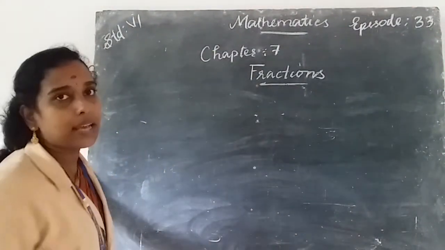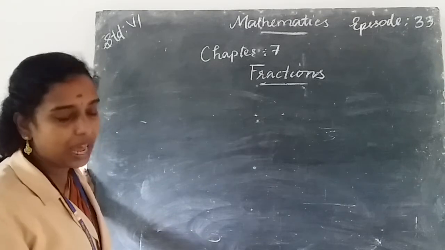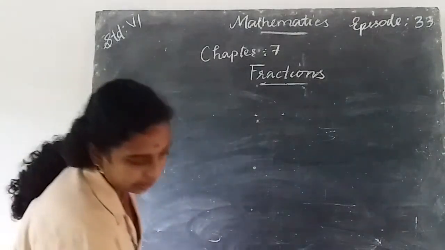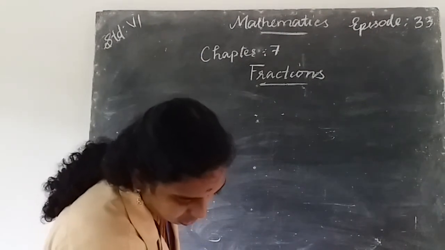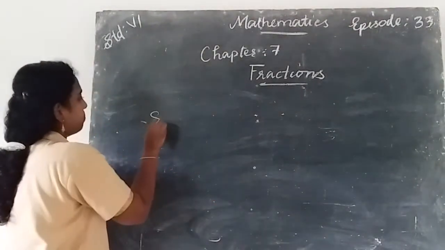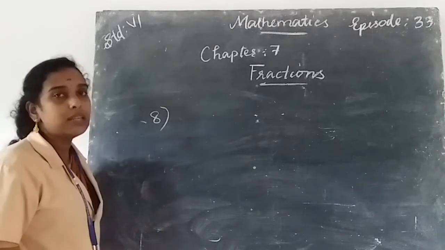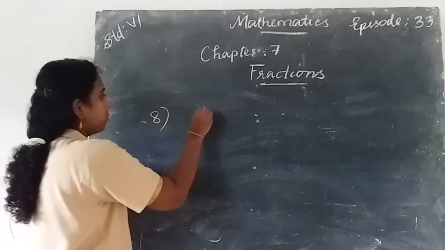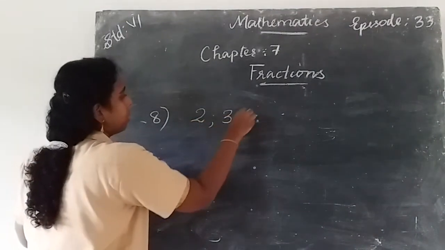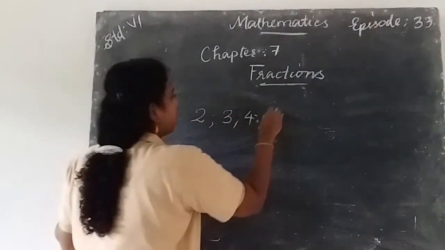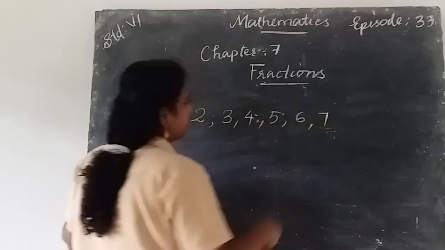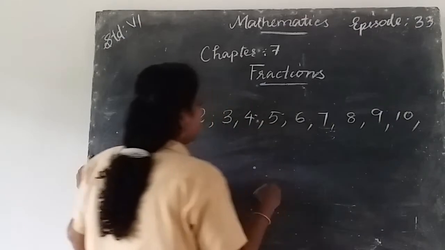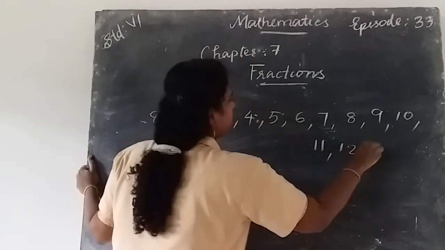Here we want to write the natural numbers from 2 to 12. So start from 2: 2, 3, 4, 5, 6, 7, 8, 9, 10, 11, 12.